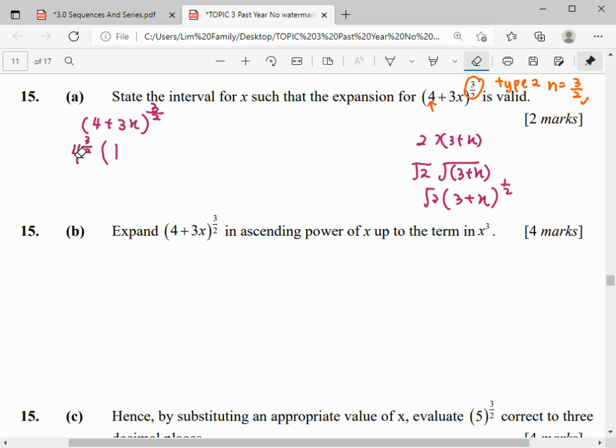After we factorize it out, we have to see what happened inside the bracket. When we take out 4, it means we divide by 4. We divide 4 by 4, you get 1. This 3x, we divide by 4, you will get 3 over 4 x. So this is how we simplify it.